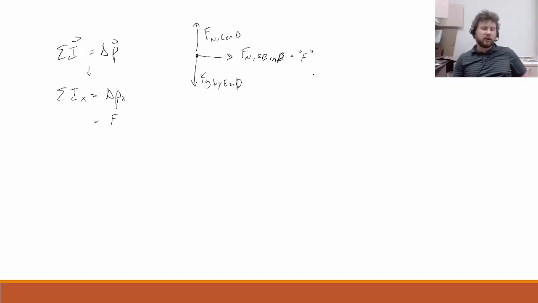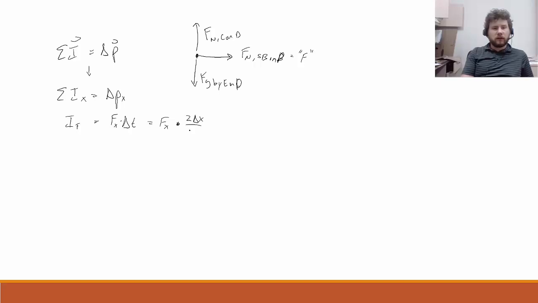For shorthand, I'm just going to call it F. And the impulse by that force is just F times the time it takes to do that. So the x component of that force times the time. Now, I know the time. I just said before that it was twice the distance traveled over the initial velocity.